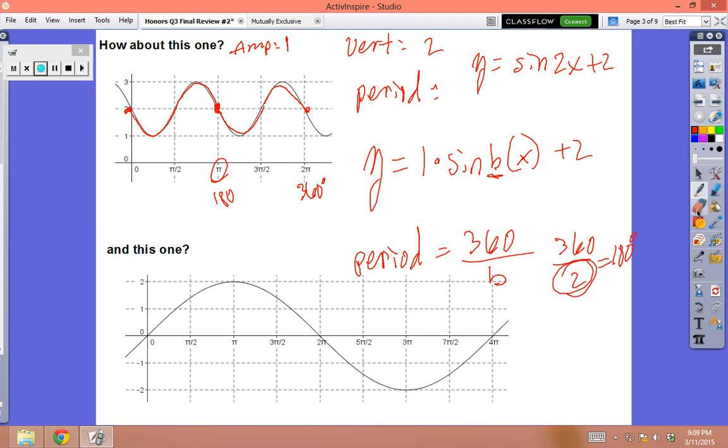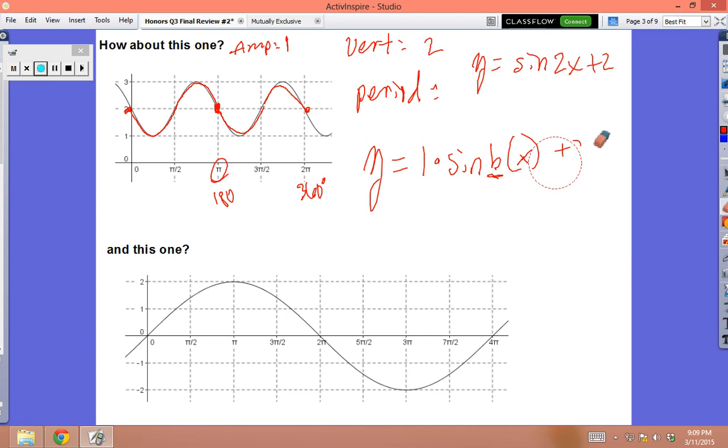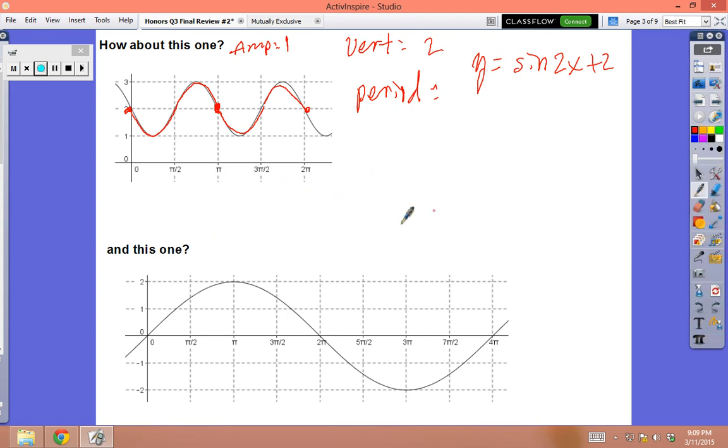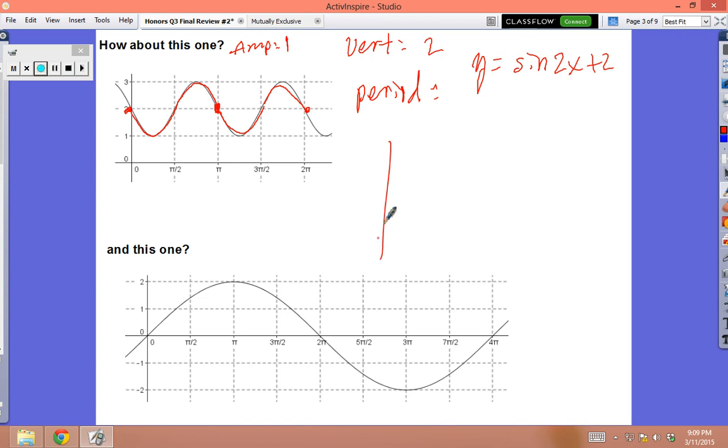But there's one more thing that's kind of tricky but important. If you compare this with your parent function, my parent function starts at 0, and then it goes up to 1, and then back to 0, then down to -1, then back to 0. Your sine function always goes up and then down, but this one right here starts and goes down and then up.